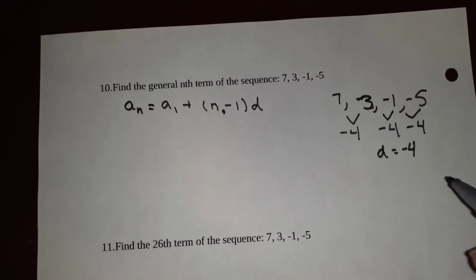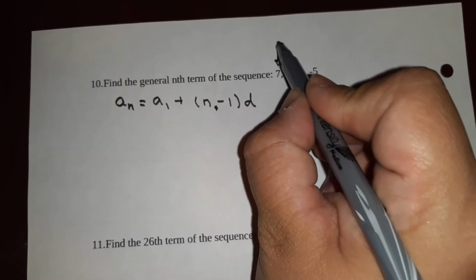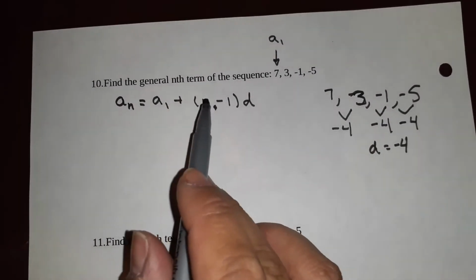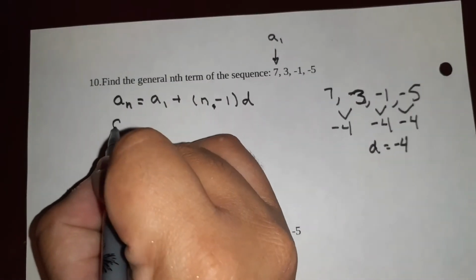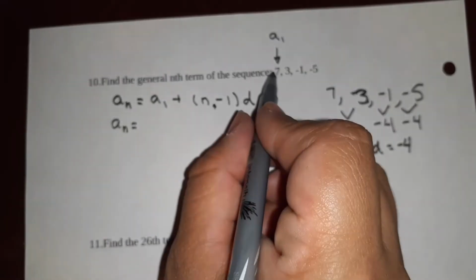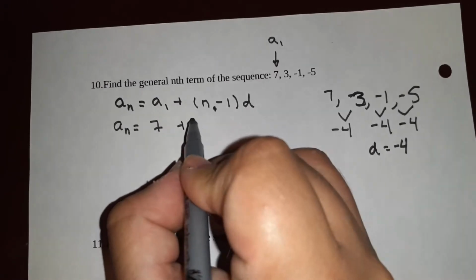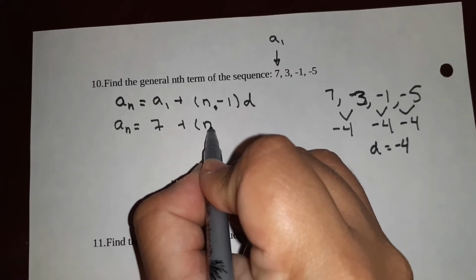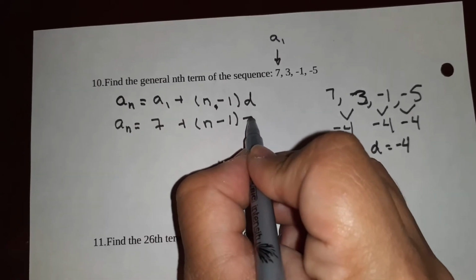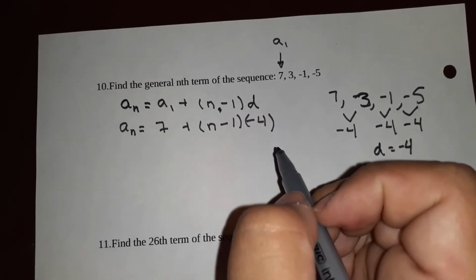So knowing that, and knowing my first term, which is my a1, I'm going to go ahead and fill in what I know into my formula. So my a sub n is my a1, which is my first term, which is 7, plus my n stays the same, times negative 4, which is my distance.